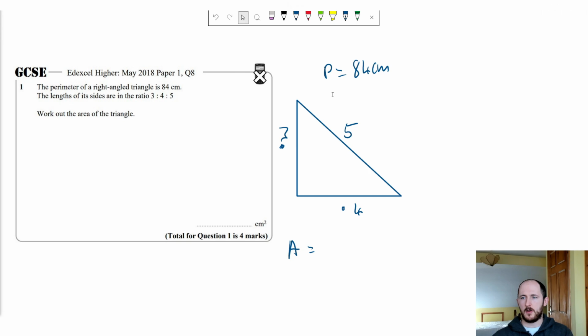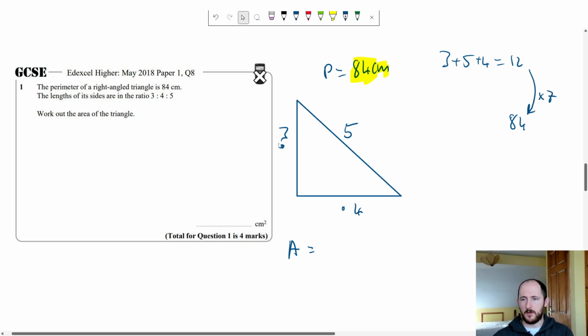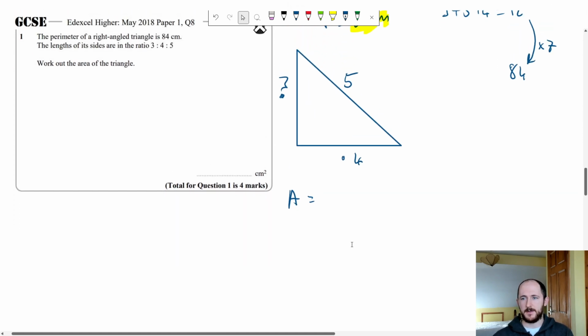So, all we need to do is, if we add up 3, 5, and 4, that gives me 12. But we want a perimeter of 84. Currently, I have a perimeter of 12. So if I want to make this equal to 84, what do I times by? I times by 7. So I'm going to multiply all of these sides by 7.